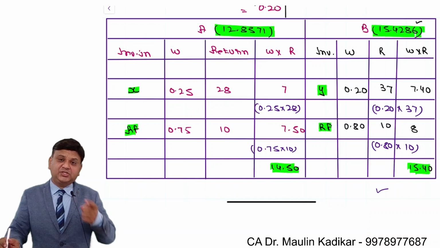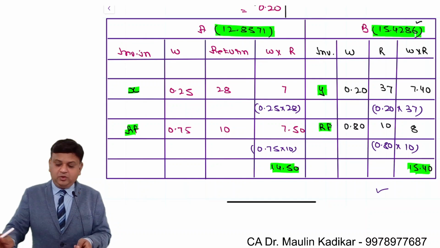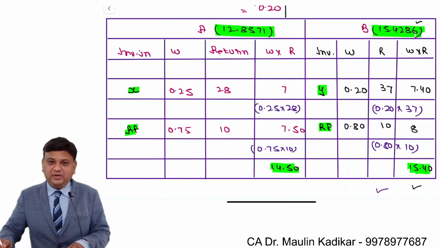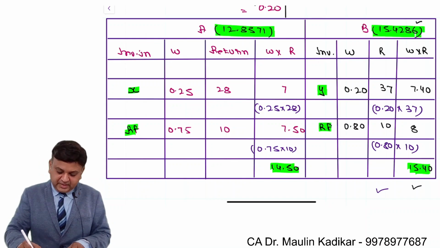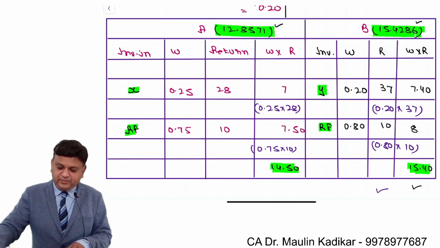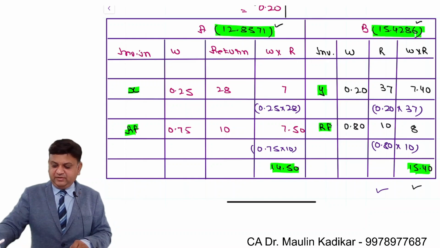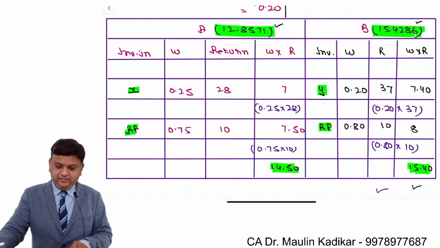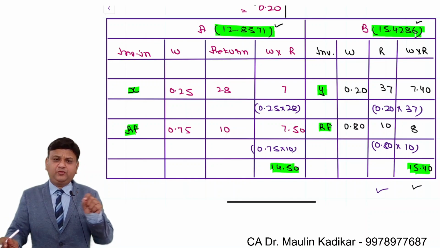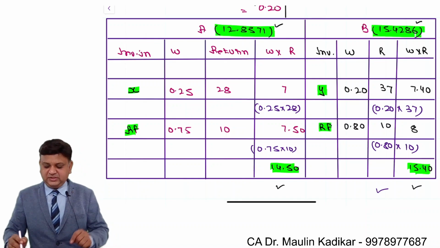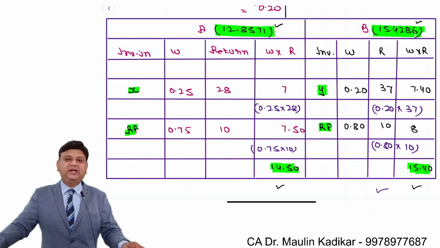This is the additional return over the risk-free rate of 10, so you get the return of 15.4. For X, 12.8571 into 0.35 comes to 4.50, plus 10, that comes to 14.50. This is the way you can get the answer.